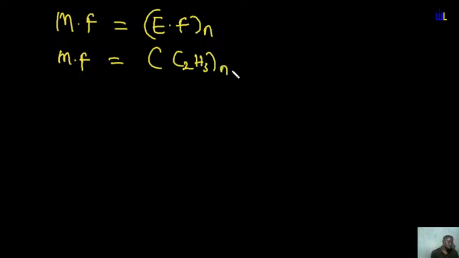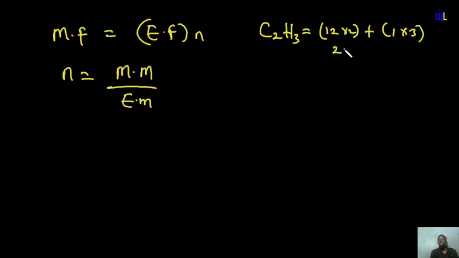Very simple. As I said, molecular formula equals empirical formula multiplied by N. And how do you get N? N is simply given by molar mass all over empirical mass.